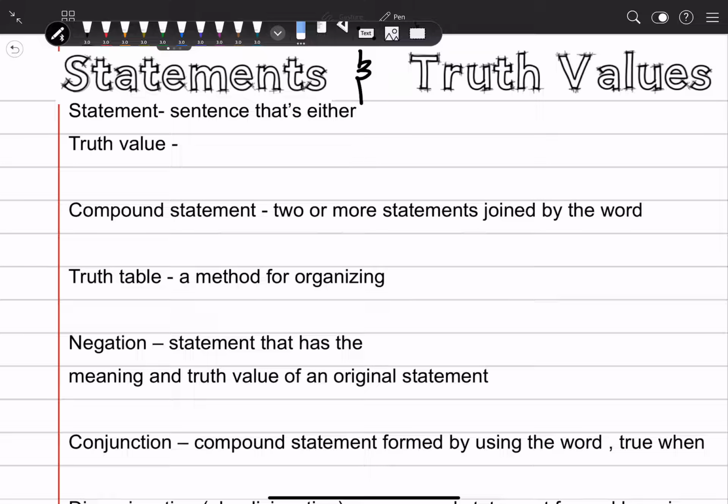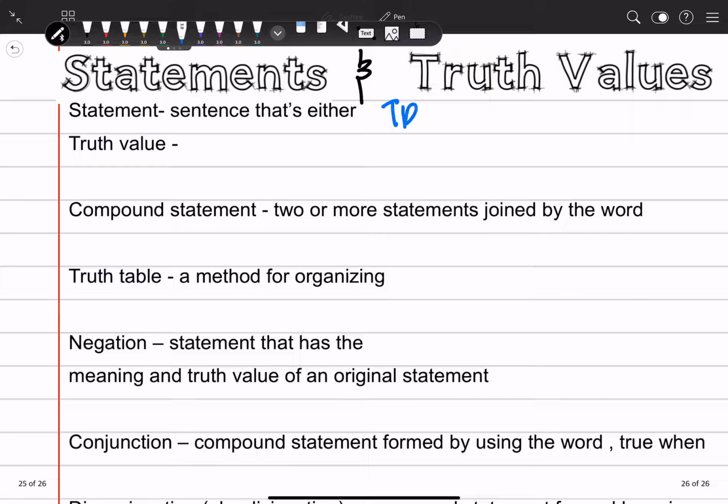A statement is a sentence that's either true or false. And notice I am going to be color coordinating just because I want to make sure that these four things, especially at the top, do stick out.